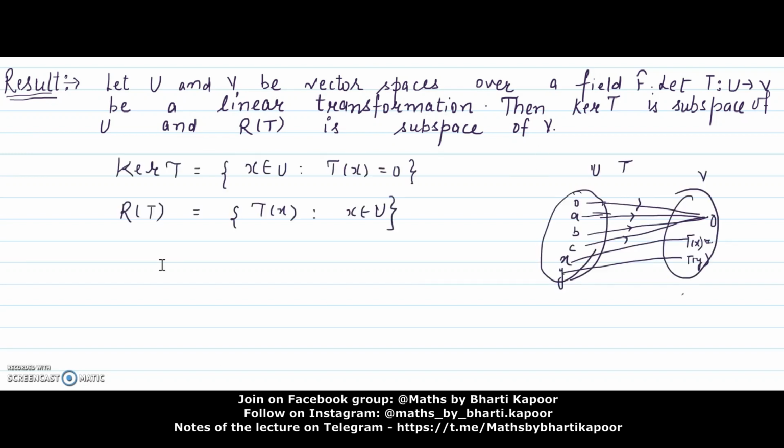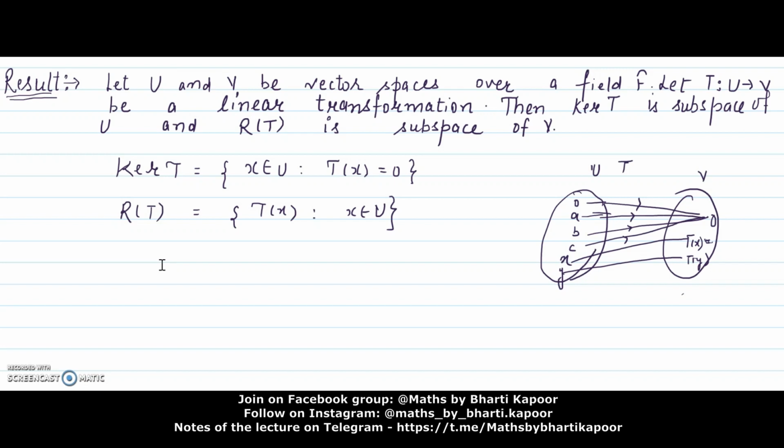Let's recall, in previous video we have done that kernel T is set of those elements of domain whose images are 0. Suppose A, B, C and 0 are mapped to 0. So kernel T will contain those elements whose T image is 0.